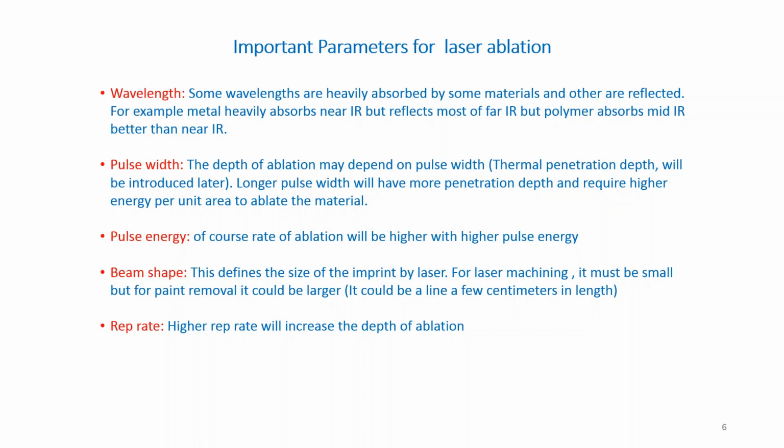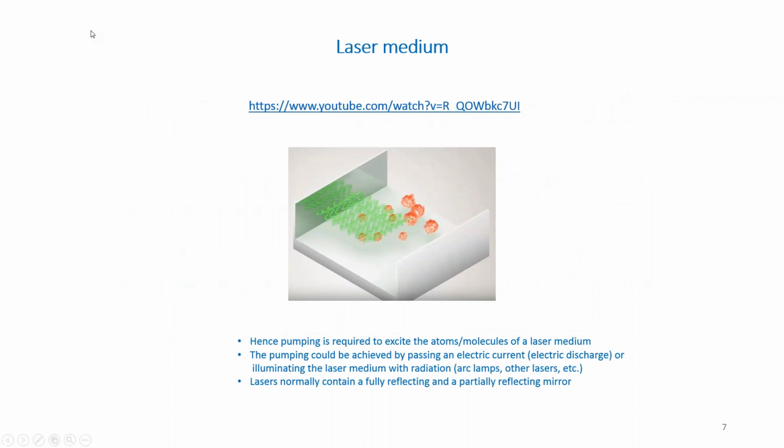So beam shape is another factor. And then rep rate, finally, increases the depth of ablation. So higher rep rates will remove more material. So these are some important parameters that we talk about.